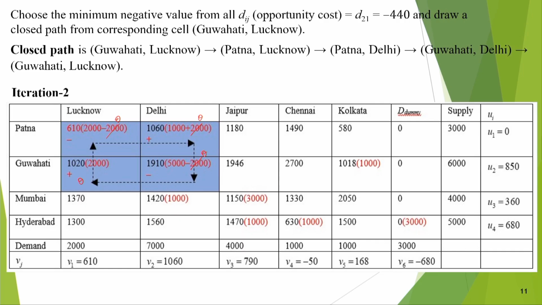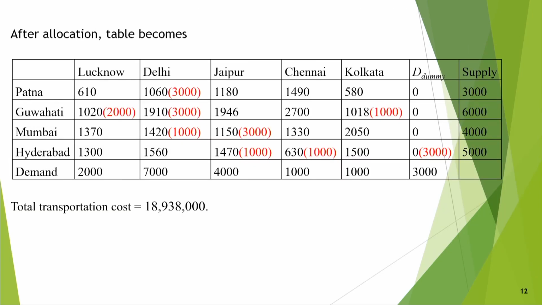So, like that allocation gets modified and we get this type of thing 3000, and this is like that. So, now the total transportation cost comes out to be 18938000, that means 1 crore 89 lakh 38,000. But you know, in some foreign countries they may not understand crore.